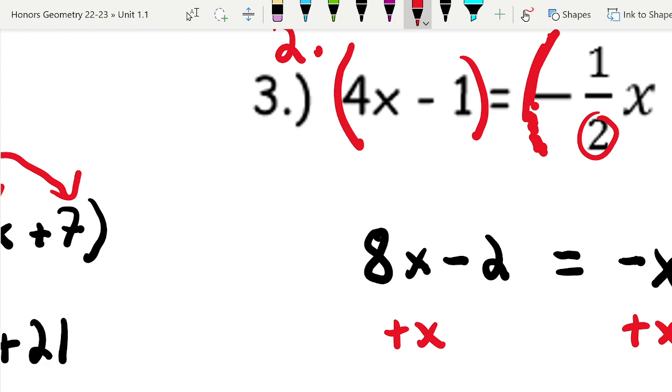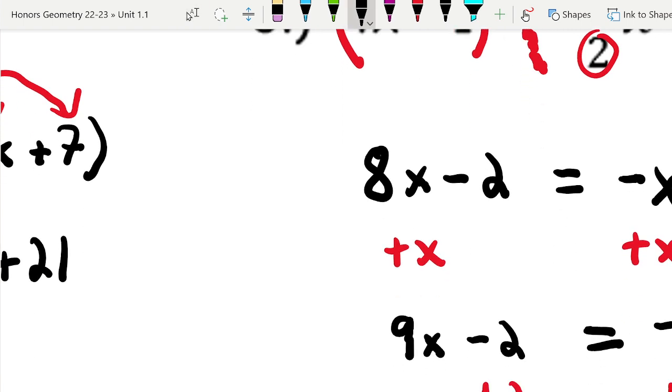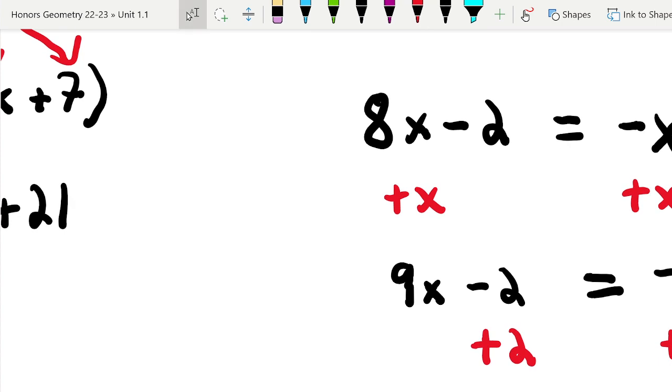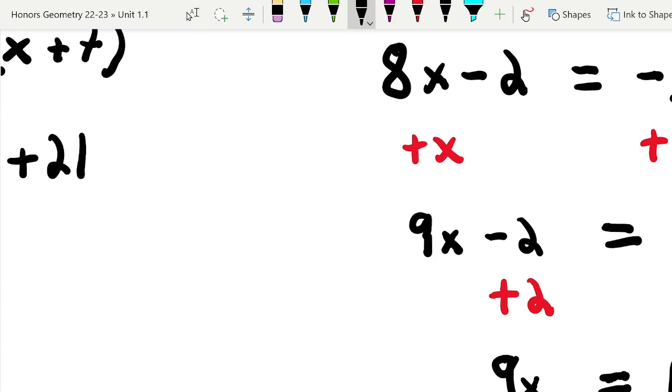Add 2 to both sides, and we have 9x equal to 1. We'll divide by 9 on both sides, and we end up with x equals 1/9.